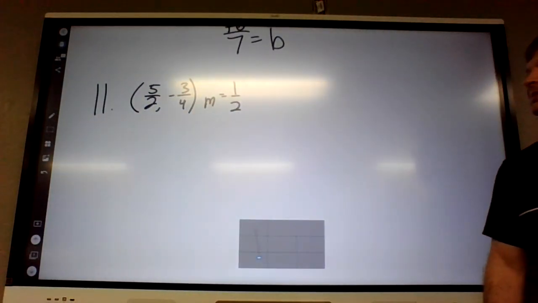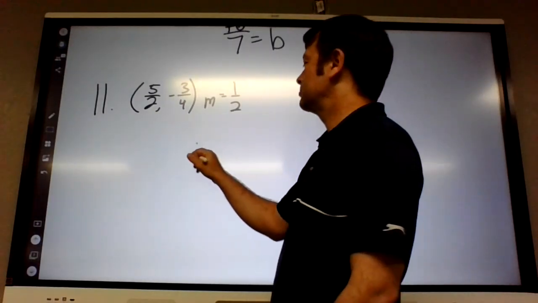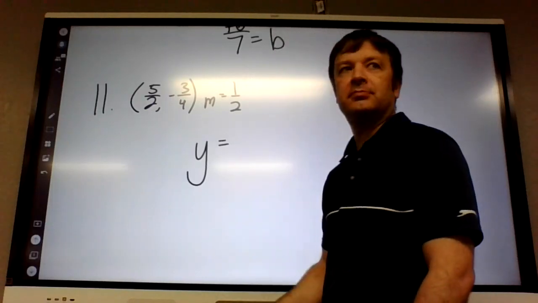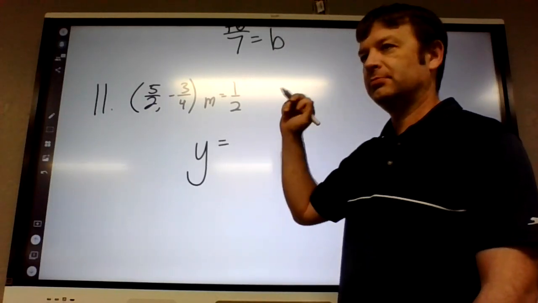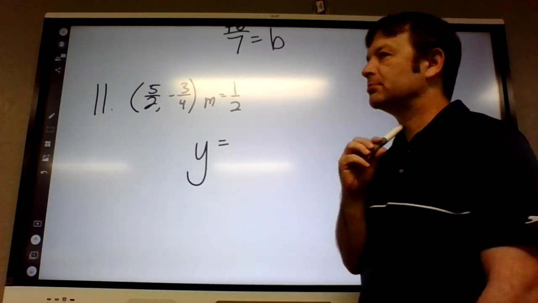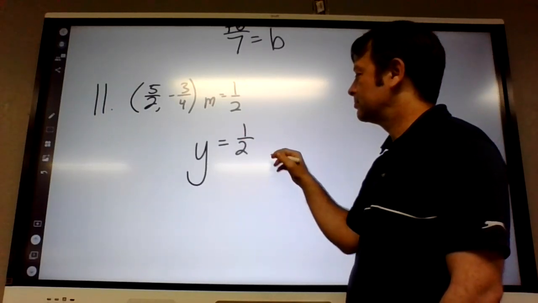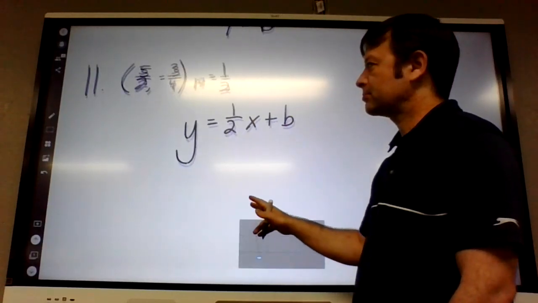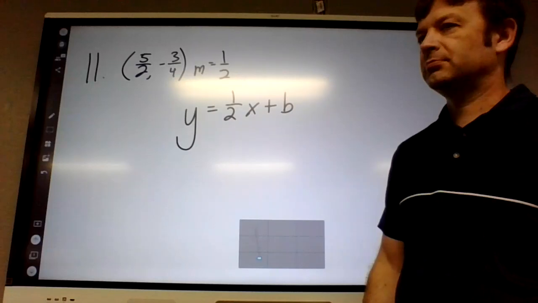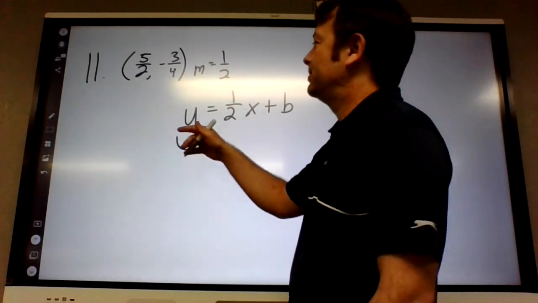All right. Emily, what do we do? Y equals 1/2 x plus b, and then... Okay, I see your book.